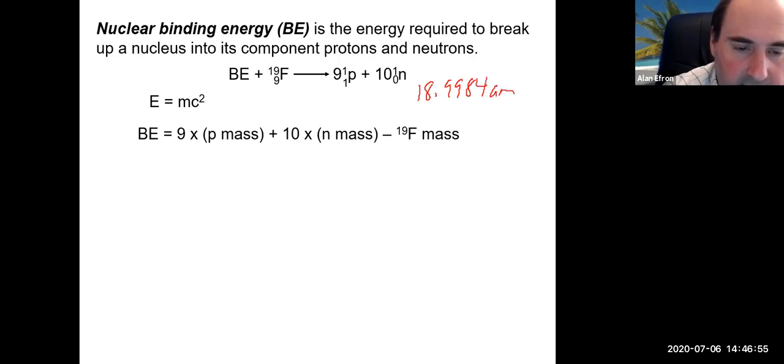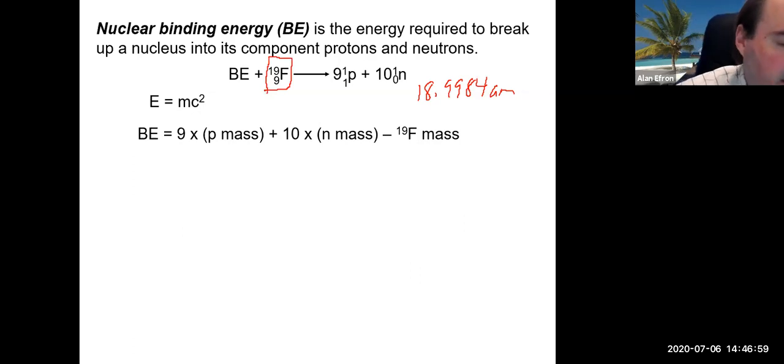Let's say we took our fluorine-19 nucleus, and it had an atomic mass of 18.9984 AMU. And we want to calculate the binding energy.